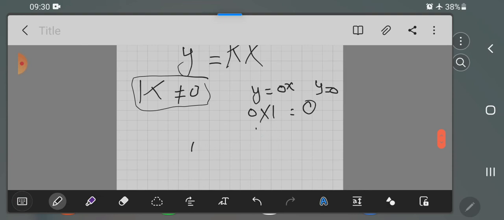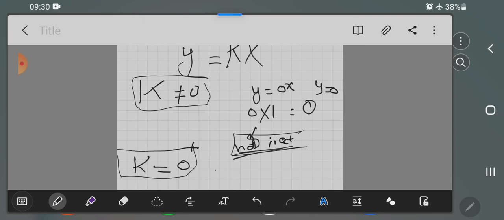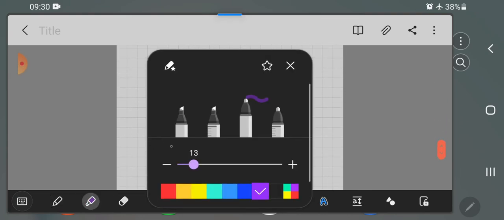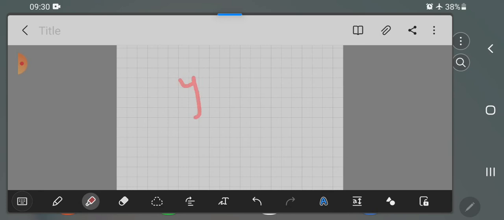This one is not direct variation. If you have a 0, again, if x equal 0, not a direct variation. Again, as we said before, it's very important for you: y equal kx, this x not equal 0.